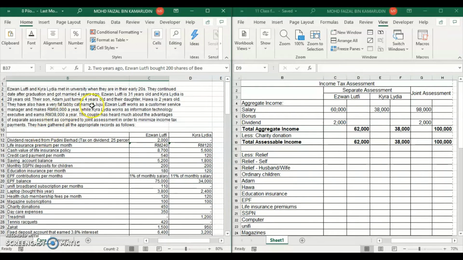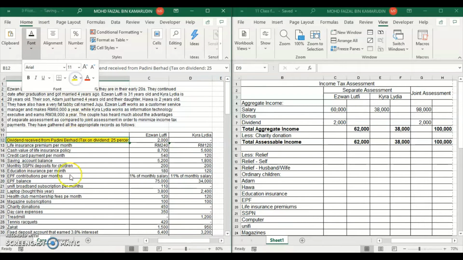Let's check. Where is it? I think it is better for us to mark anything that we have done. So that one is done.